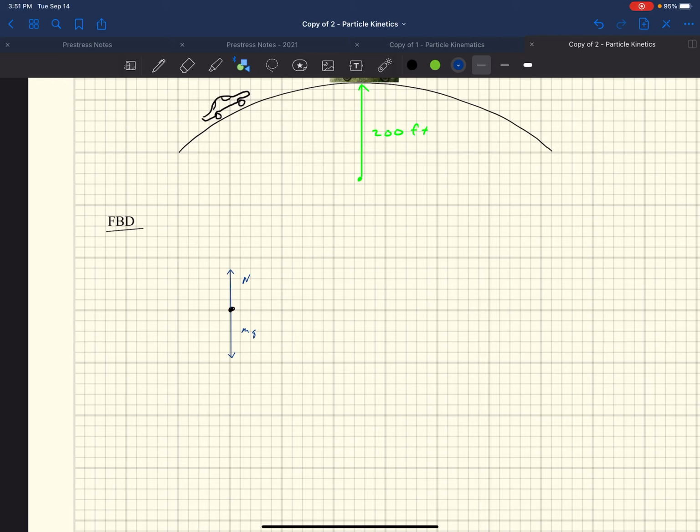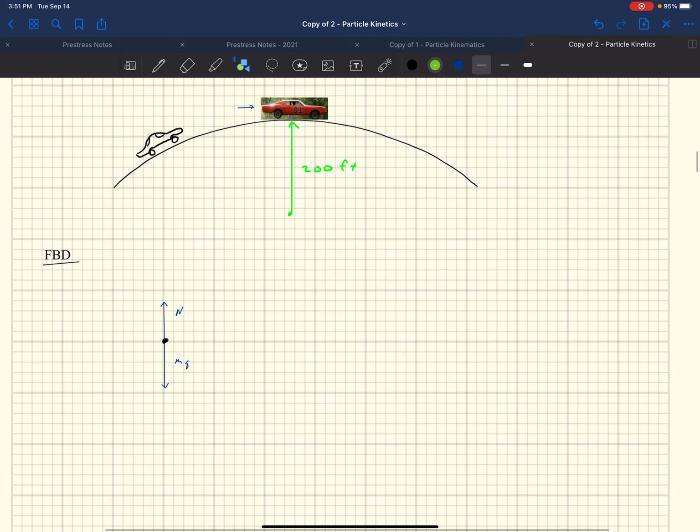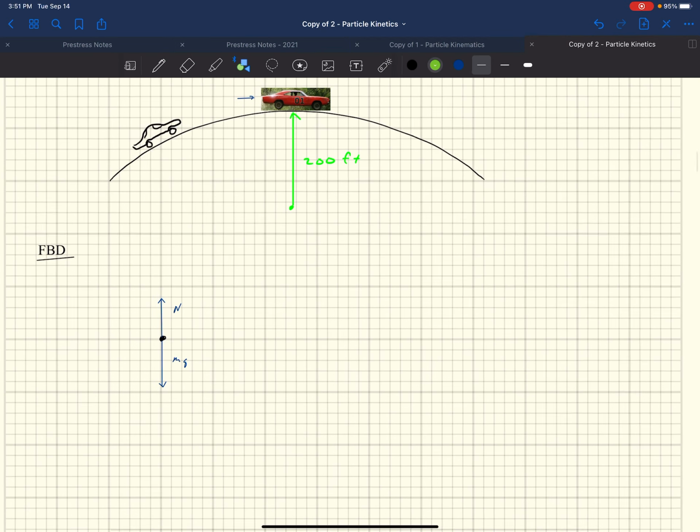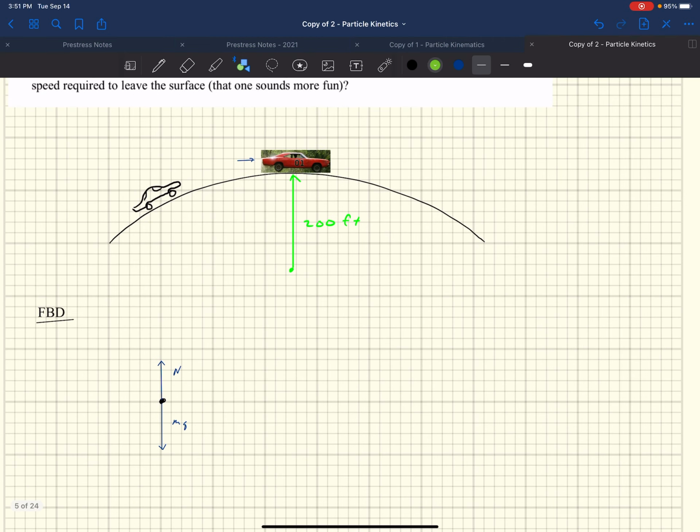I'm not done with my free body diagram, because I need to put in the coordinates. We said this is going to be a normal tangent coordinate system. Picture this guy traveling along this path right here. We can have a tangent right here and a normal right here, a tangent to the path and a normal to the path.